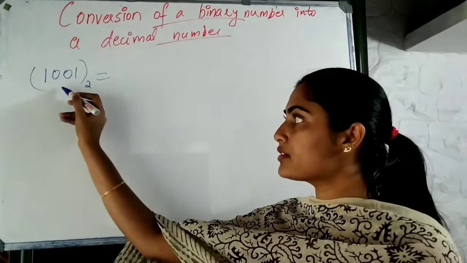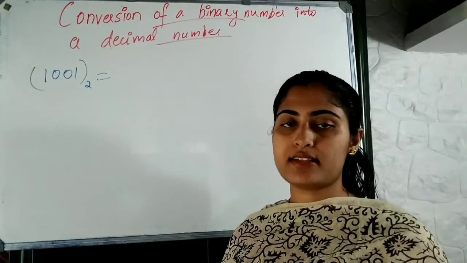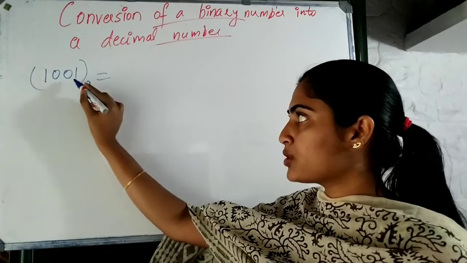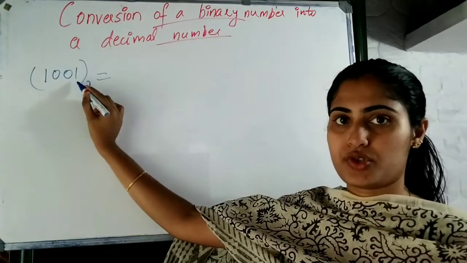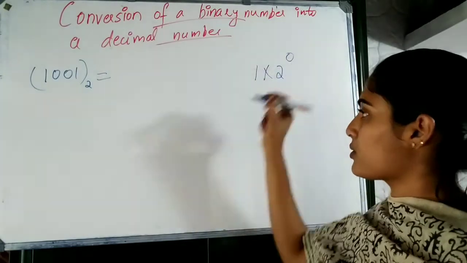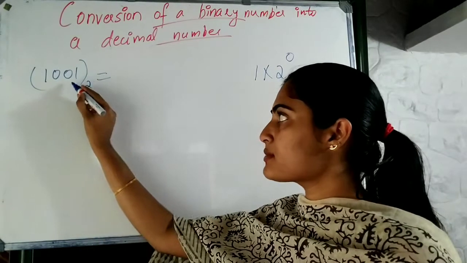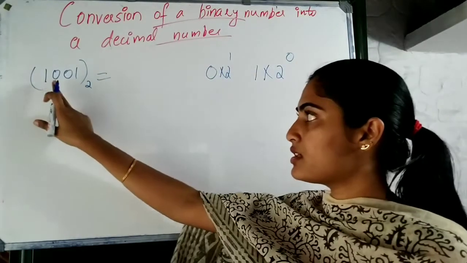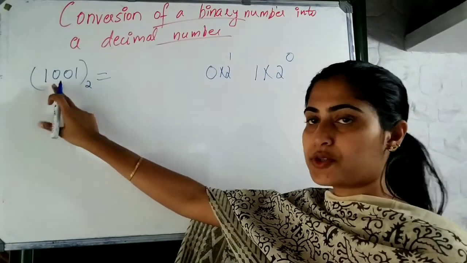I want to convert this binary number into its decimal form. First step is I have to move on to the units position. The units position digit is 1. 1 into 2 raised to 0. The digit at tens position is 0. 0 into 2 raised to 1. The digit at hundreds position is 0.